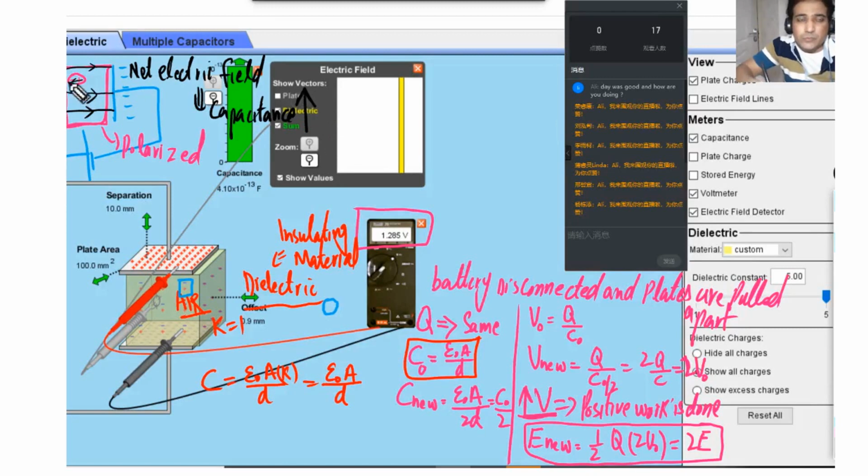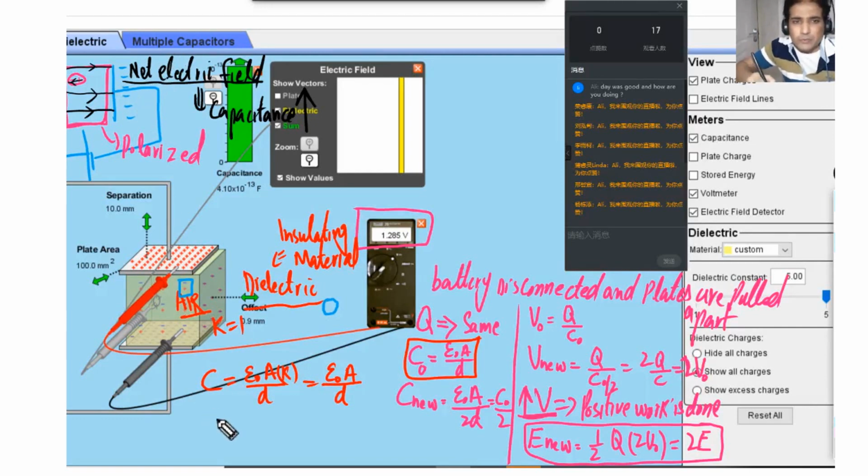Why? Because the dielectric will be polarized and the net electric field will decrease. You see one electric field is pointing to the right and the one inside is pointing to the left, so they will cancel each other. Not 100% will they cancel, but the net electric field will decrease. It depends on the dielectric.